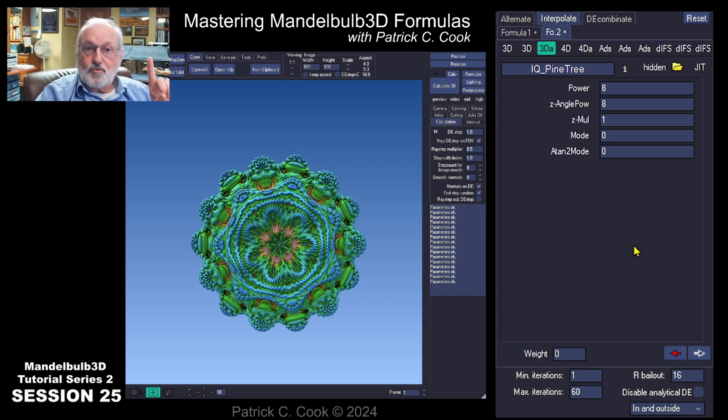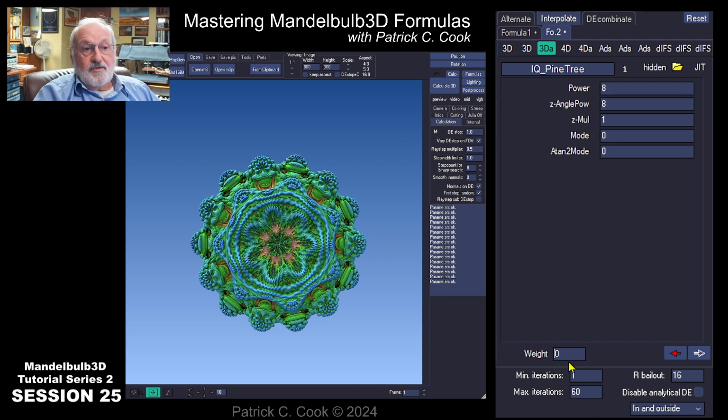Formula number 2, which is IQ_PineTree, no pixels write. So we have an averaging, but only one of the Mandelbulb objects is basically making it through.